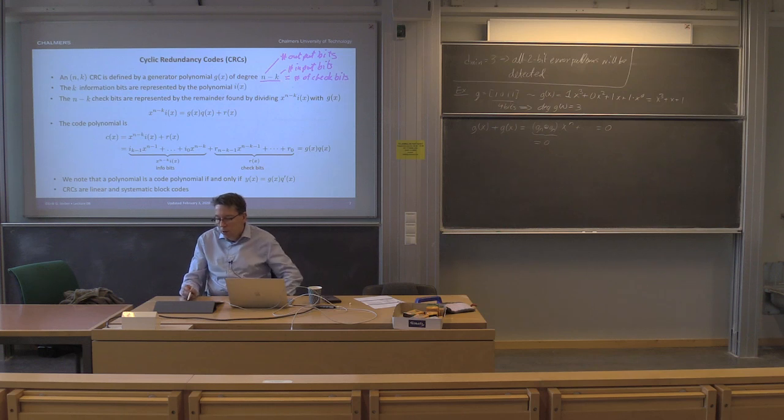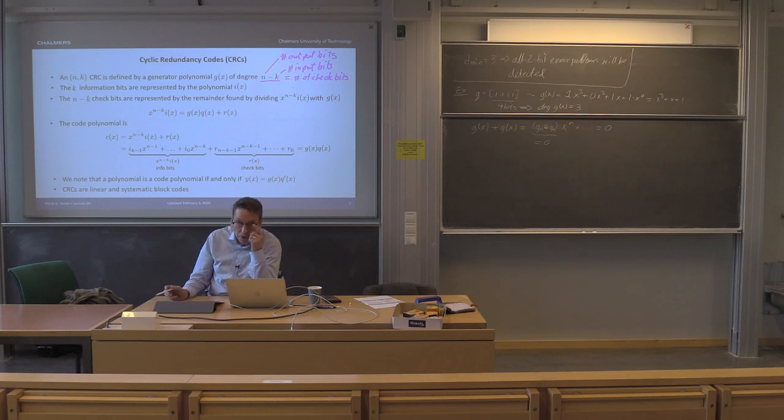So the degree of the generator polynomial determines how many check bits we have. And CRCs, as you will see later on, are systematic linear codes. So if they are systematic, if we can just calculate the check bits, we're done.